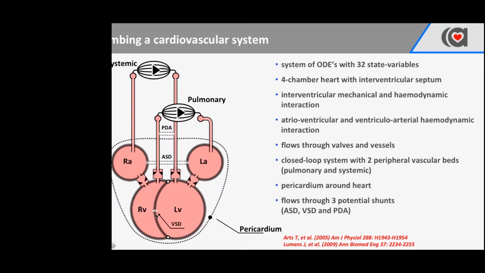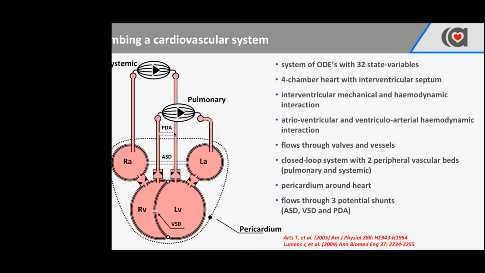And the basic principles of a valve also apply to holes within a septum, either the VSD, ventricular septal defect, or an atrial septal defect between the right atrium and the left atrium. But we can also connect the pulmonary artery towards the aorta by means of the ductus arteriosus.